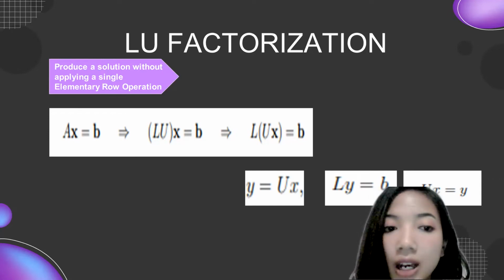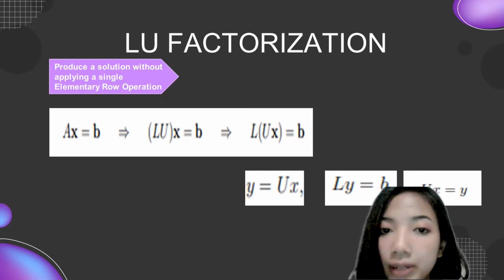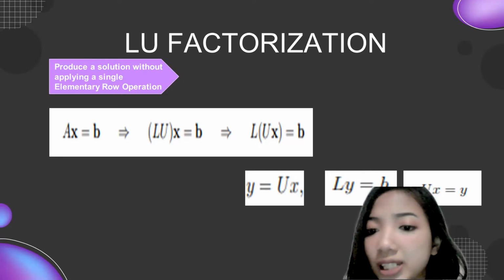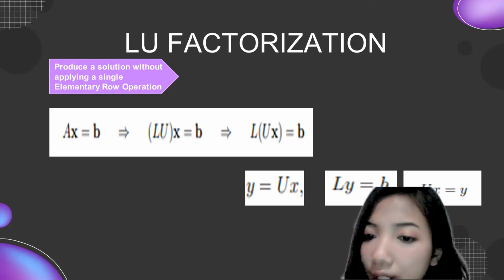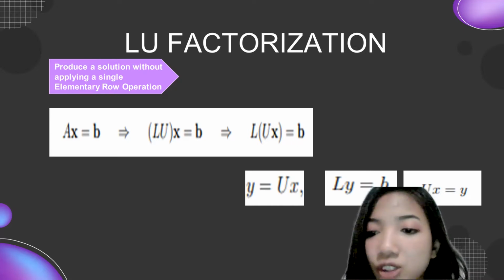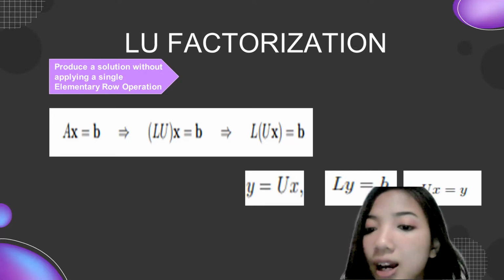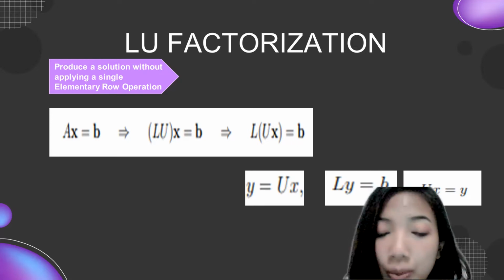So basically, like we have said before, A is equal to LU, and then we just change the A into LU. Such a system is more general since it clearly includes the special case of A being either lower or upper triangular. In order to solve such a system, we can again exploit triangularity in order to produce a solution without applying a single elementary row operation.